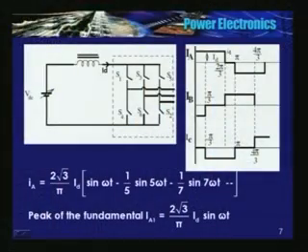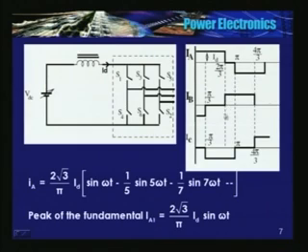See here, S1 turned off instantaneously and S3 turned on instantaneously. So what is di by dt here? Di by dt is infinity, the rate of change of current.